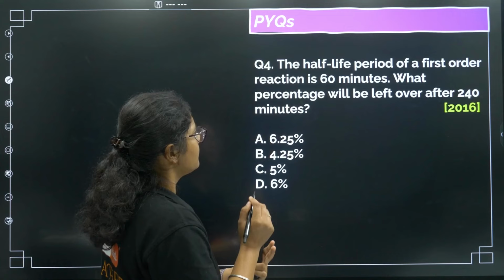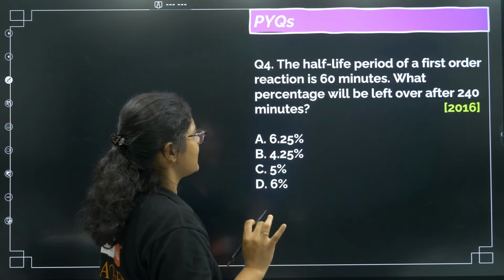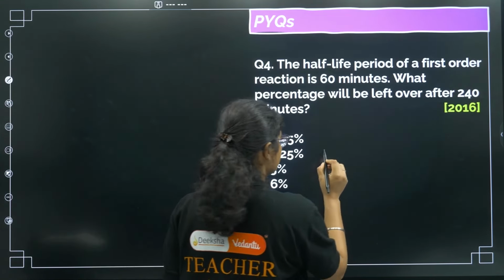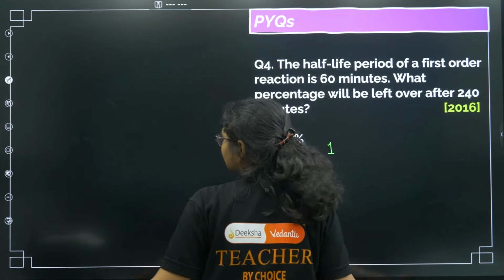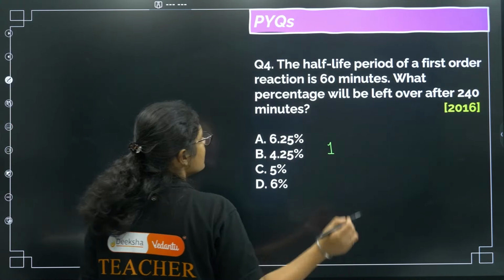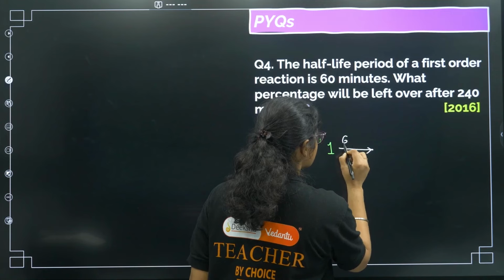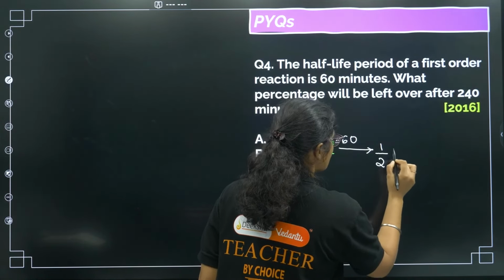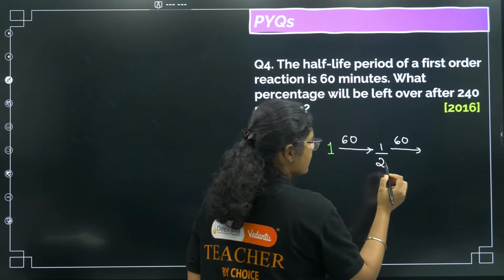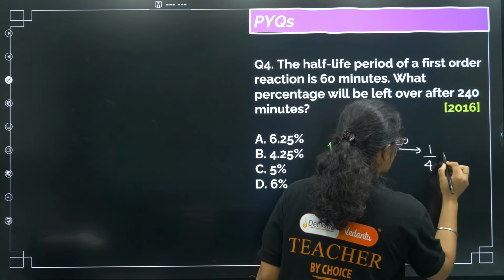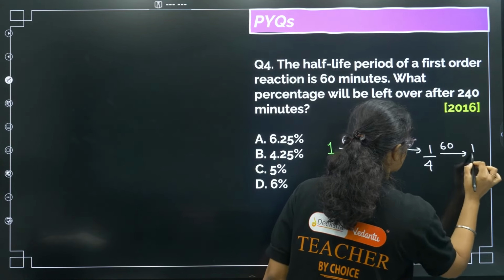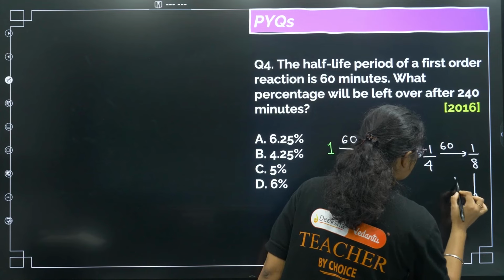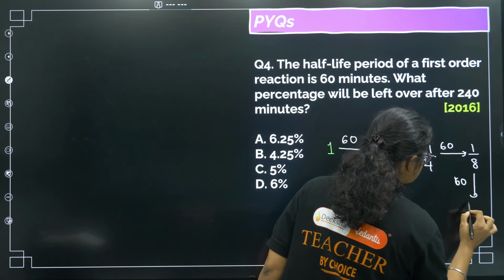See, the half-life of a first order reaction is 60 minutes. So let us think that we started with 1 mole. Now after 60 minutes, what will be the value? 1 by 2. After another 60 minutes, 1 by 4. After another 60 minutes, it will be 1 by 8, right? And after one more 60 minutes, it is 1 by 16.